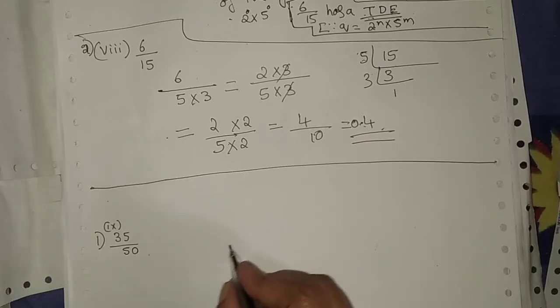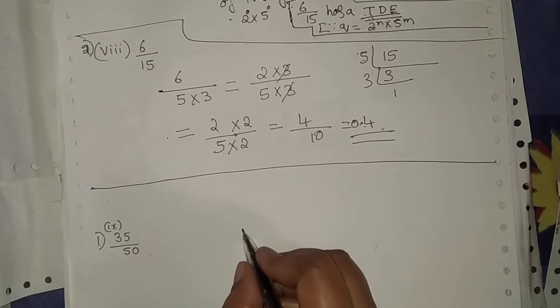So here the denominator given is 50, first we'll see which form it is in.